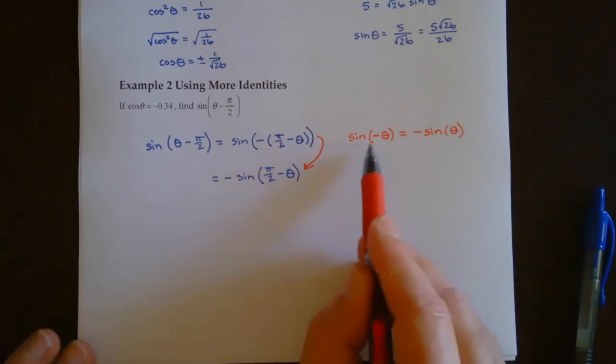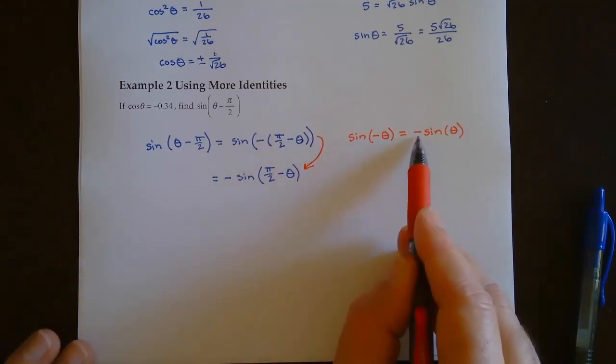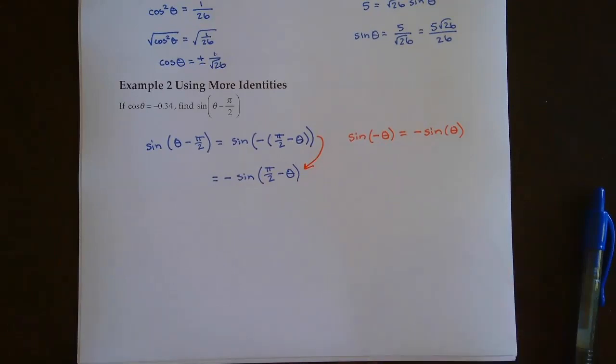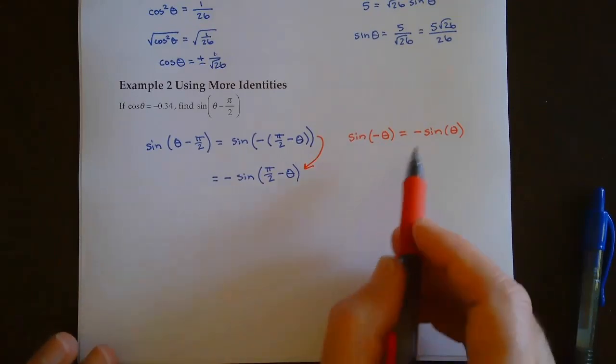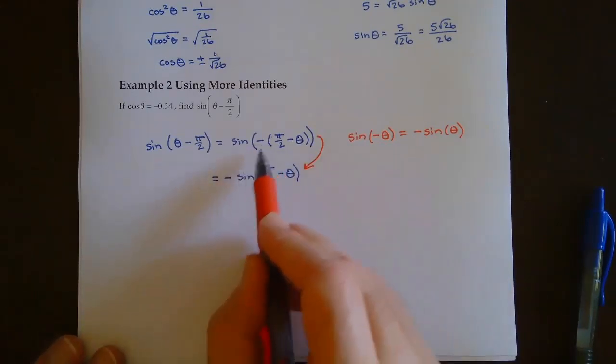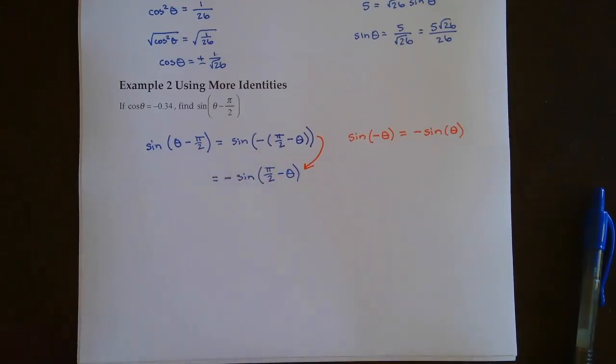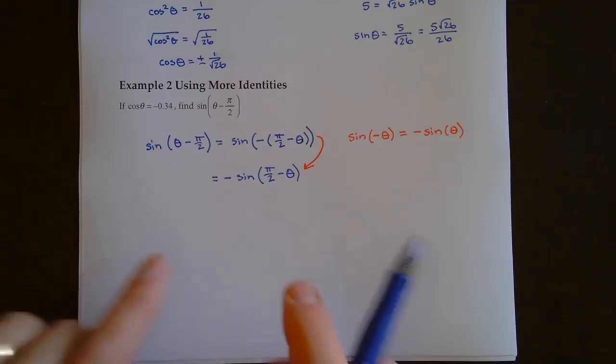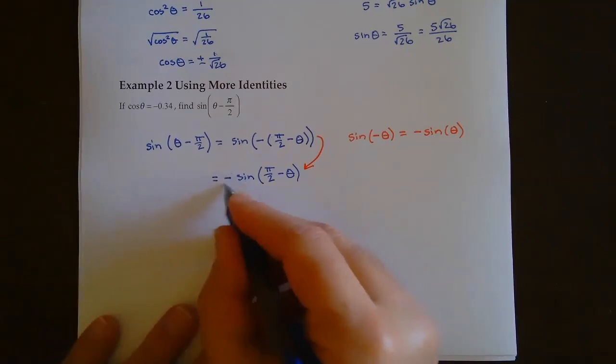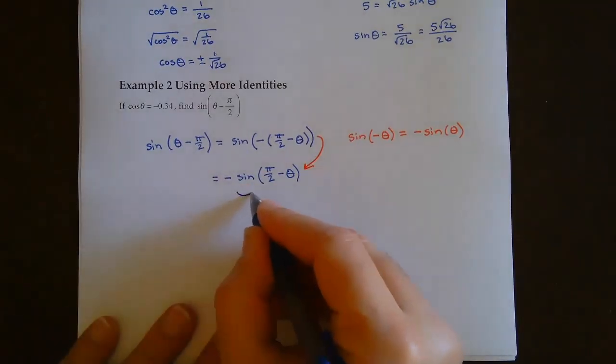Which means you can take this negative and pull it out. It doesn't really get factored out, it's just an equivalent way of writing it. So this negative came out here. Why did I want to do that? Because this is going to allow me to use a cofunction identity now. Don't worry about this negative, but this is a cofunction identity.